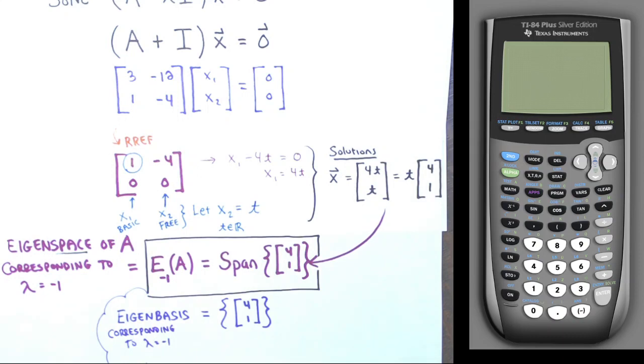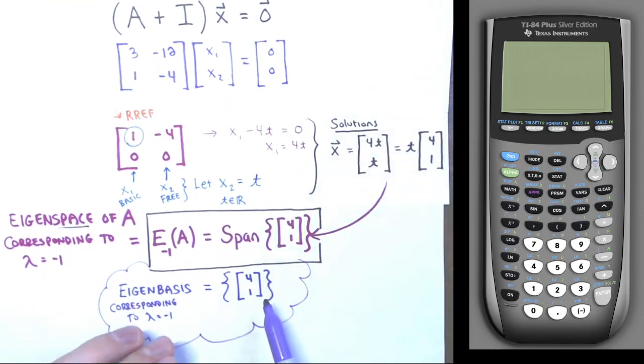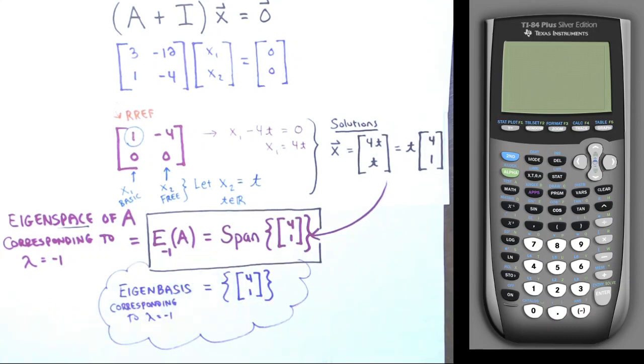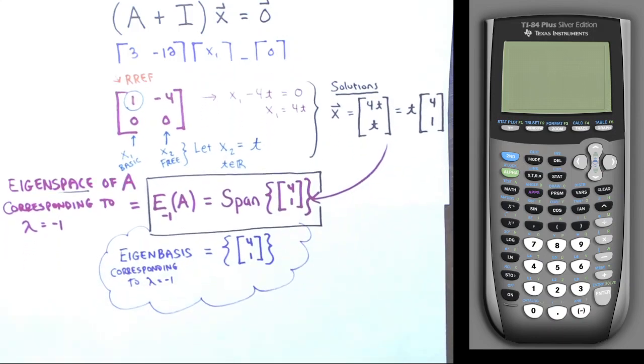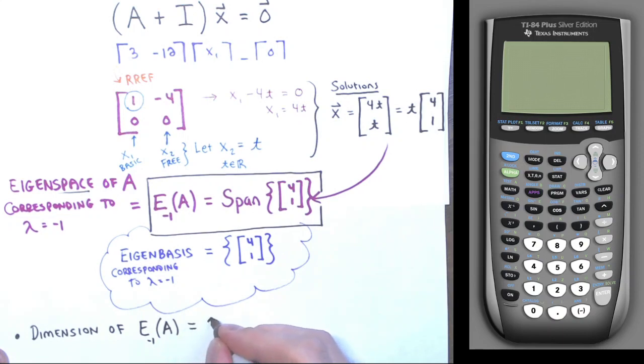But now we have this as well. And now that we have an eigenbasis for the eigenspace, we can state the dimension of the eigenspace. The dimension of that eigenspace of A corresponding to lambda equals -1 is just 1.